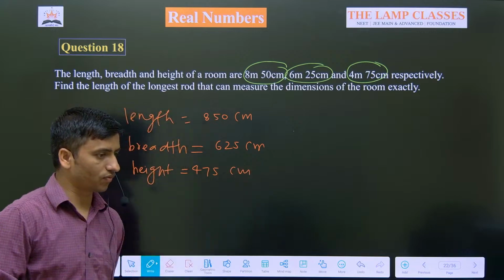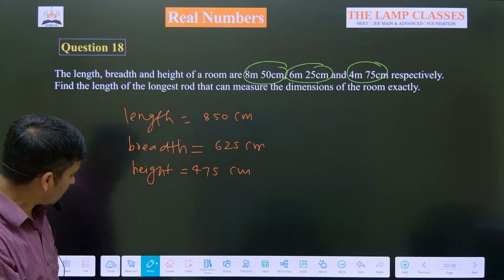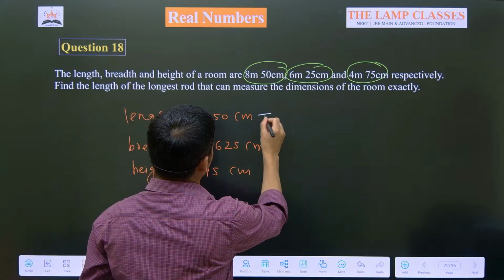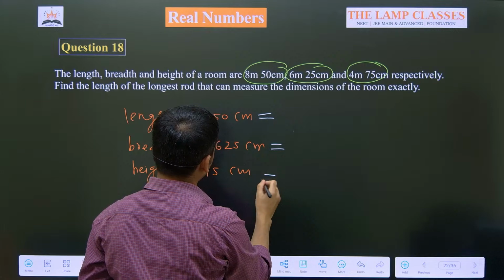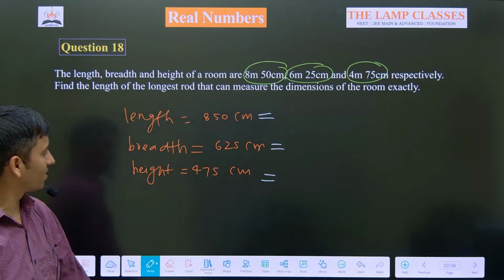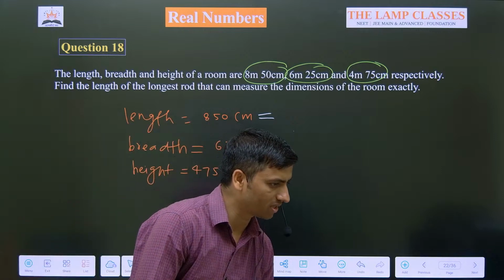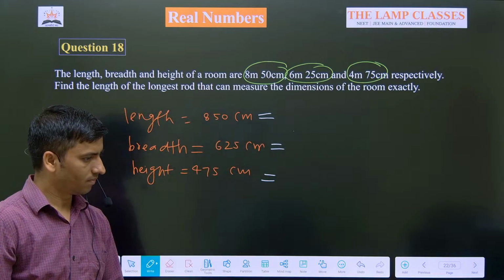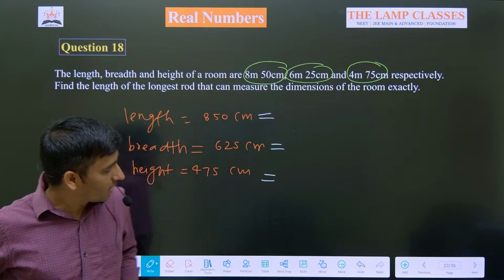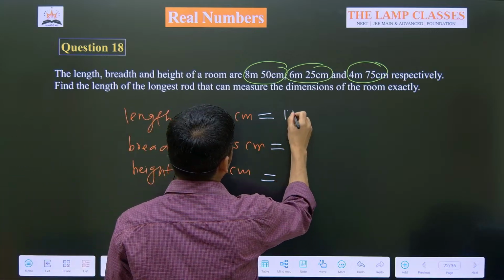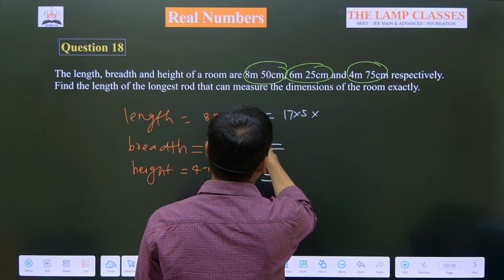And since we have to find out the HCF of these numbers, we must do prime factorization of these numbers, right? So please do prime factorization of them. Clearly you can see all of these numbers are multiples of 5, right? So doing prime factorization may not be that big a problem, right guys? So 850 can be written as 17 into 5 into 10.